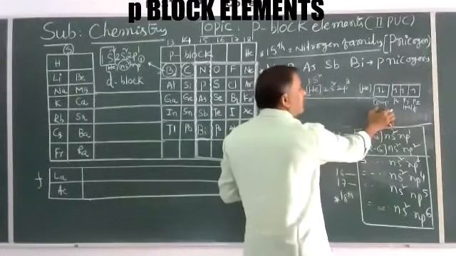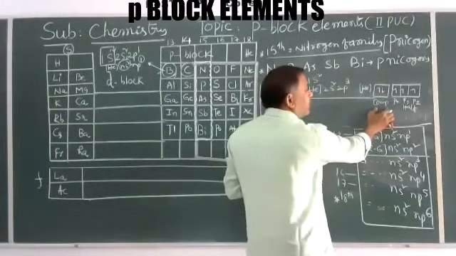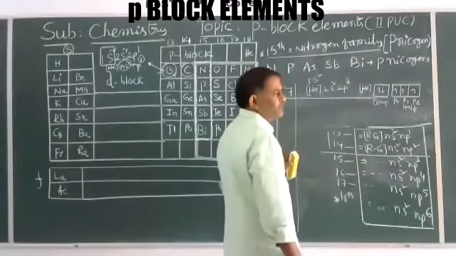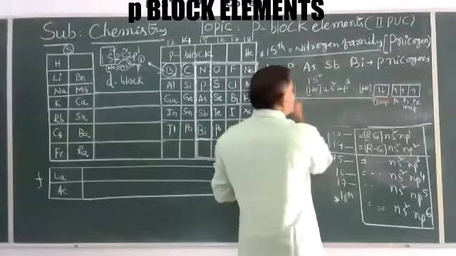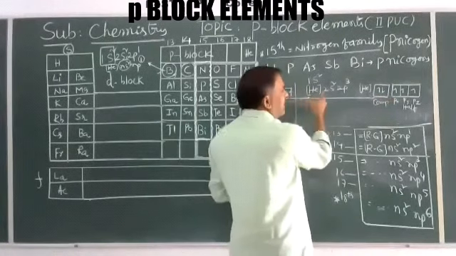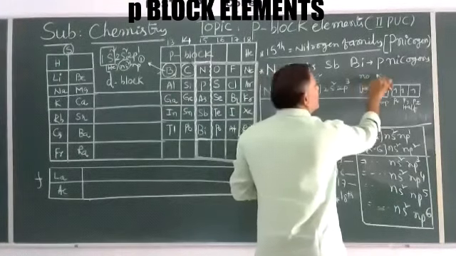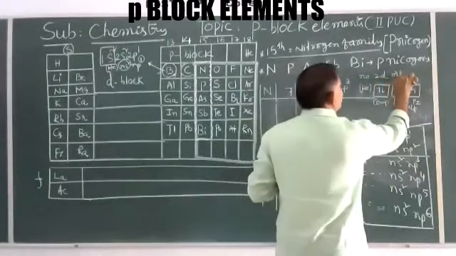That's why this 15th group element shows some peculiar properties compared to the 14th and 16th group elements. Now, in nitrogen, after 2s and 2p there are no 2d orbitals.